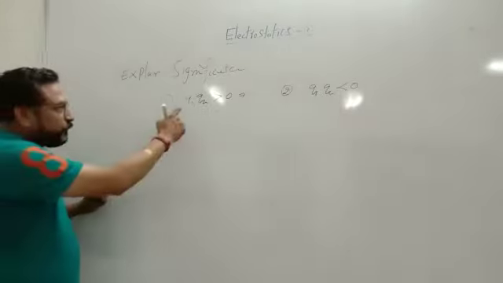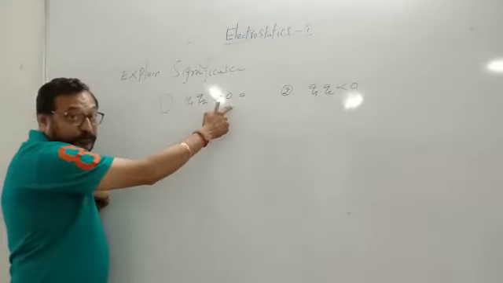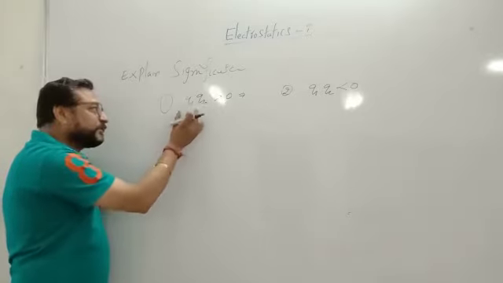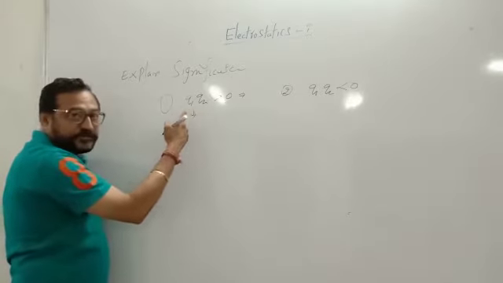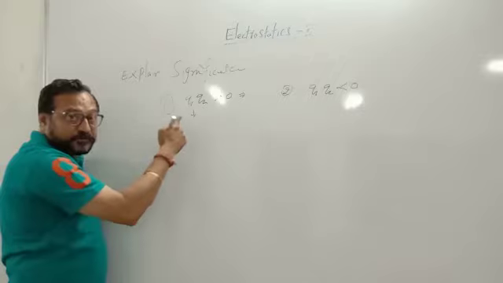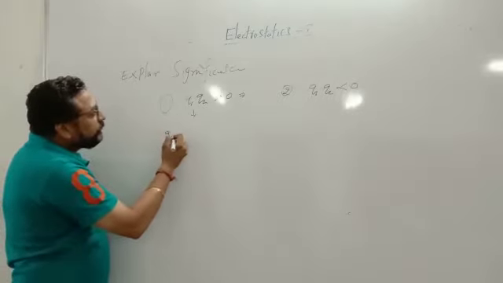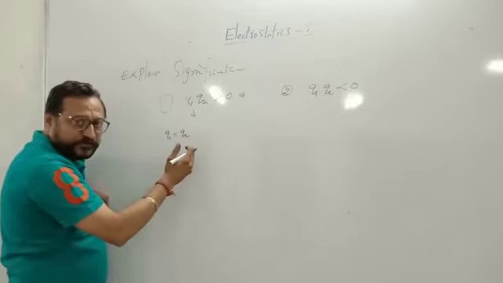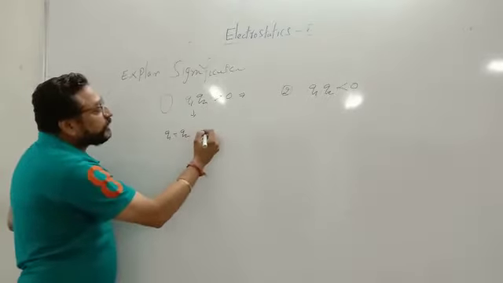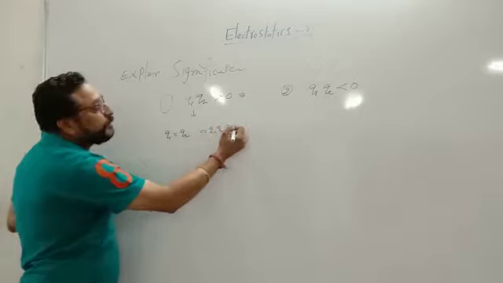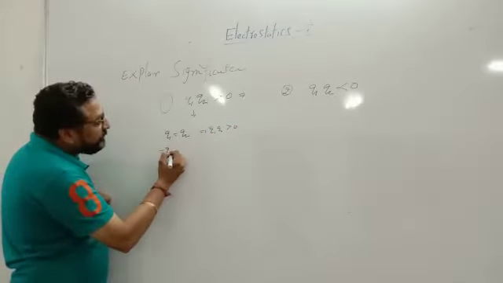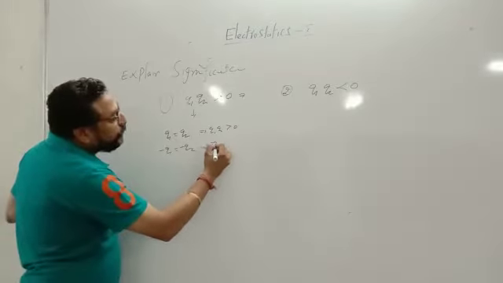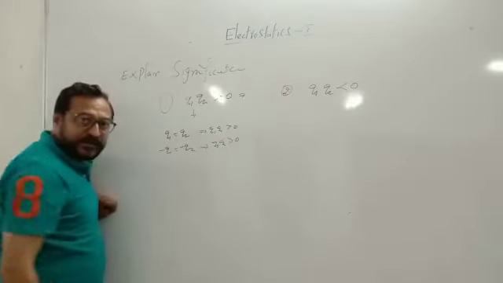First, Q1 into Q2 is more than 0. That means the product is more than 0, so this value is always positive. If both charges are positive, the product of Q1 and Q2 is more than 0. If both charges are negative, again the product of Q1 and Q2 is more than 0.